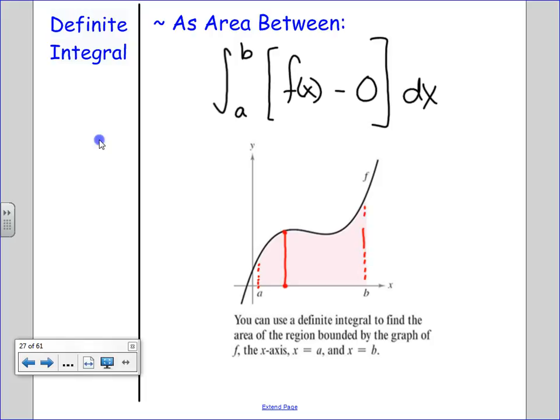So it's like I'm saying, hey, what's on top, what's on bottom, and that would be top minus bottom would be my height. So if it was any other horizontal line besides x equals 0, I could just say f of x minus whatever that line is. This is starting to gear us towards washers and discs and all of that stuff. But we're not going to do that in this section. Just reminding you, whenever I take the integral of f of x, it's really f of x minus 0.